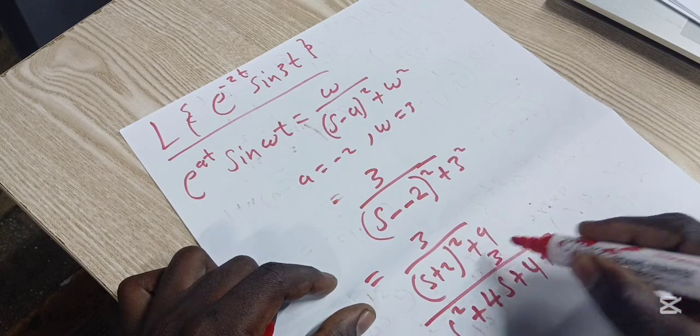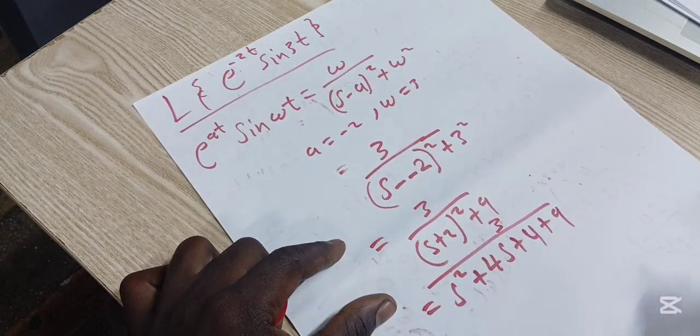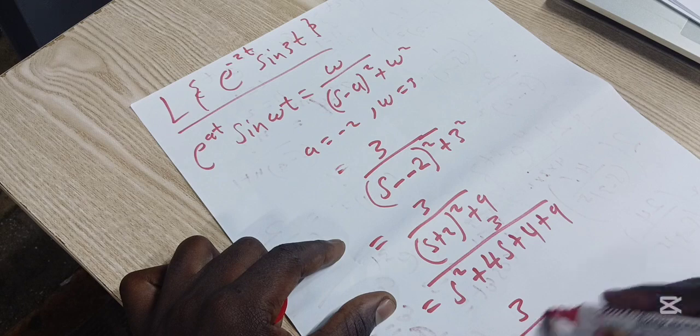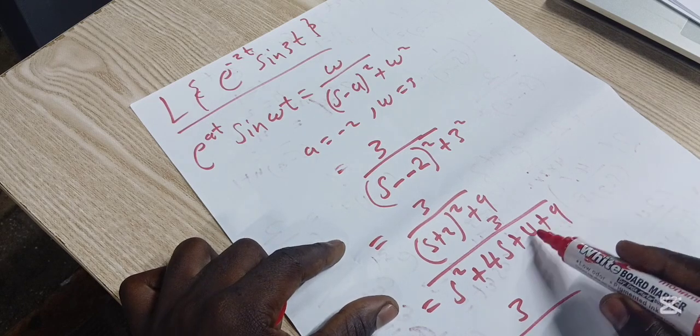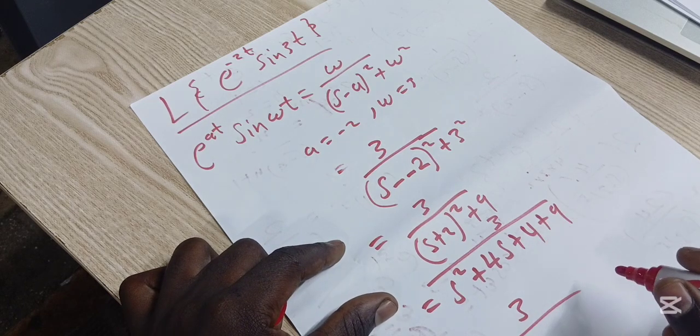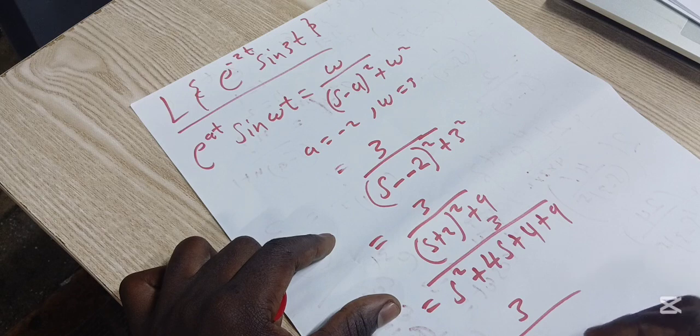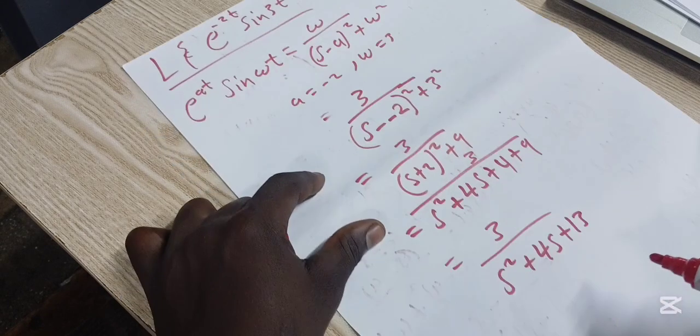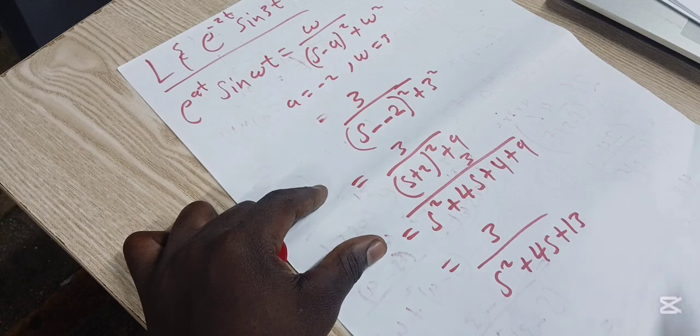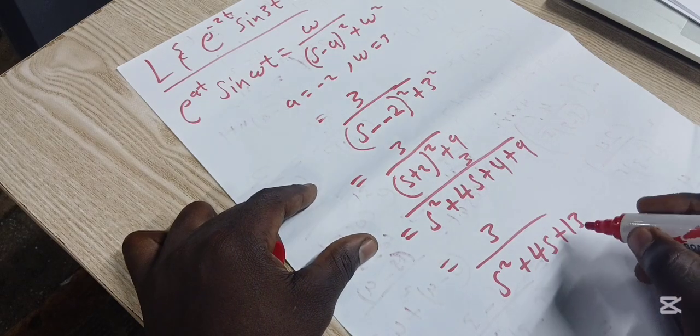So 9 plus 4 will give us 13. So we get 3 over s squared plus 4s plus 13. So that's it for this problem.